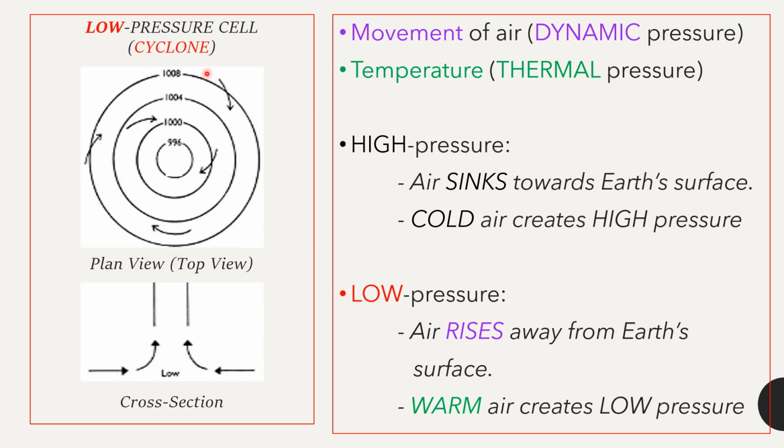However, if the L has been omitted, you would identify the low pressure cell by looking at the value of the isobars, and these would generally decrease towards the center of the cell. In a low pressure cell, which is also called a cyclone, the lowest pressure is always found at the center of the cell.